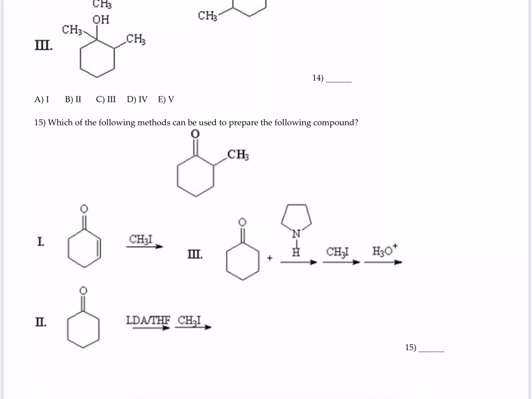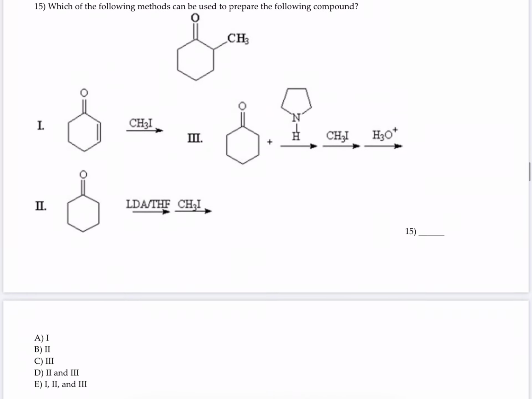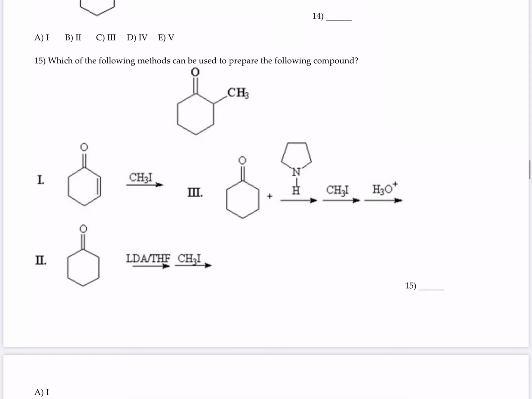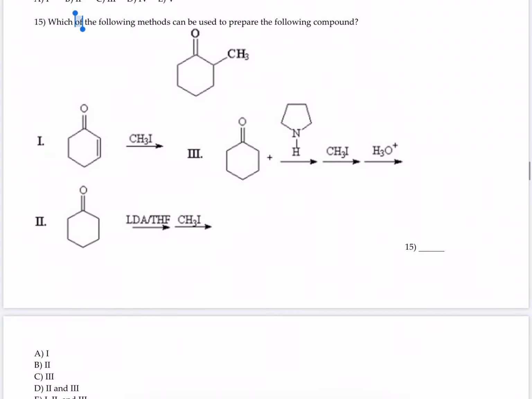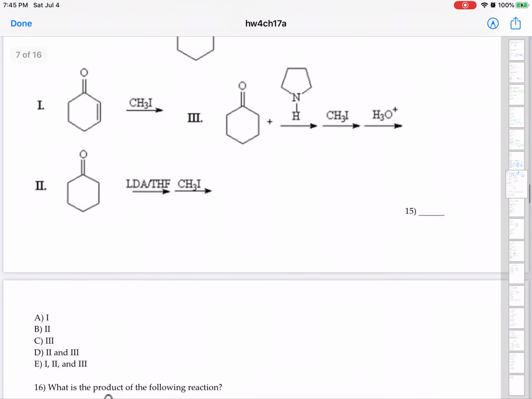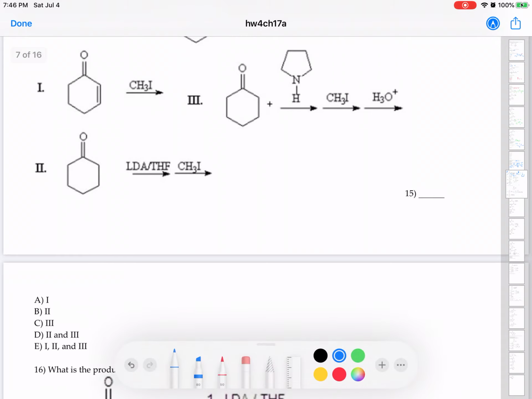So you have an alpha beta unsaturated carbonyl compound and a methyl iodide. Do you think we can use this first method? No, you cannot. Okay, but number 2, you add LDA, lithium diisopropyl amide, and then you add THF, methyl iodide. Looks like that is something we can do.